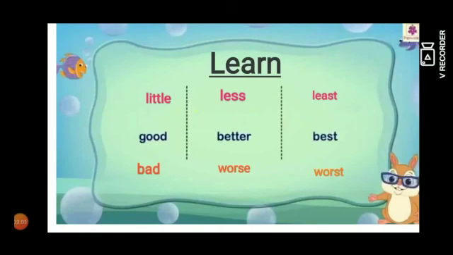So, if we compare two nouns with each other, in that case, we will use less, better and worse. And if we compare more than two nouns, then we will use least, best and worst in those sentences.